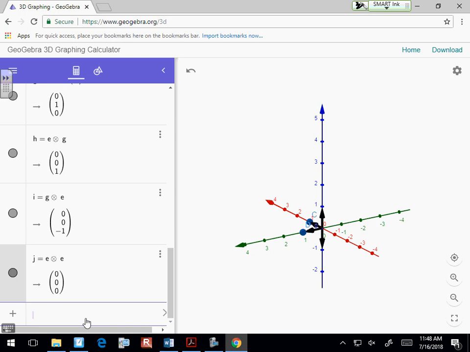It's not quite as good of an invention as the undo feature or Control C for copy, Control V for paste, but GeoGebra is pretty good for getting a good sense of things. Yeah, it's a zero vector, right?